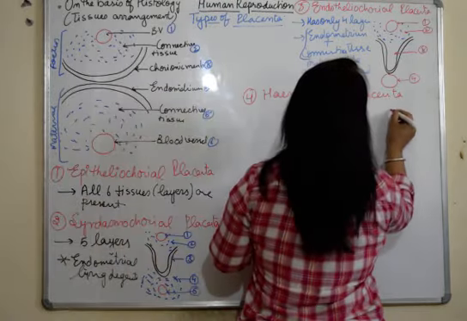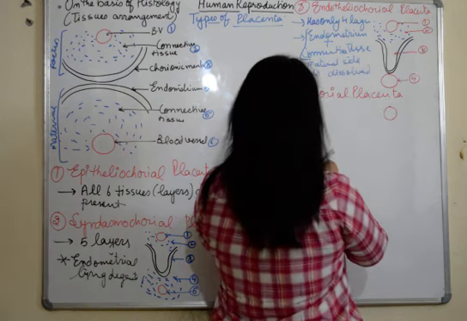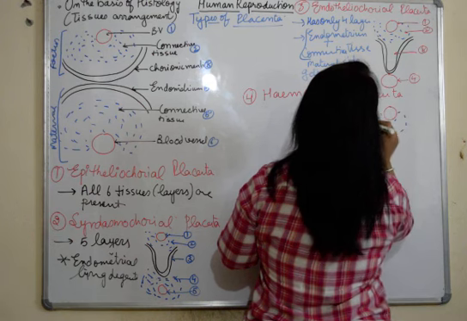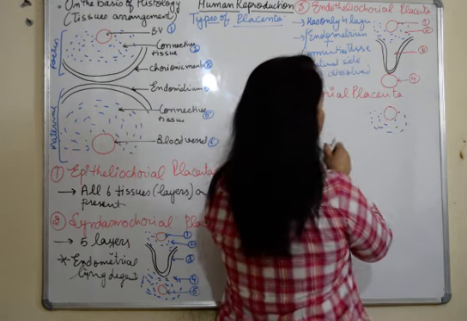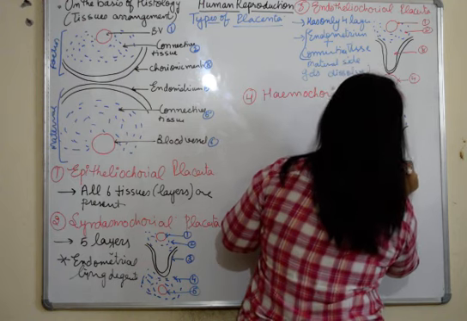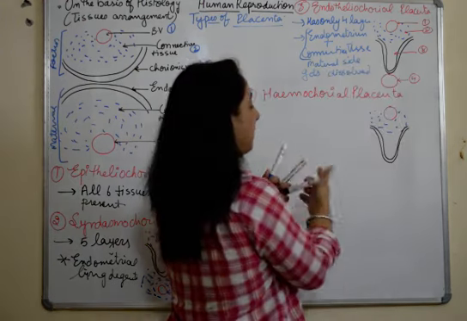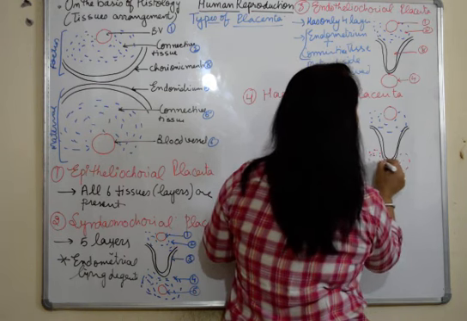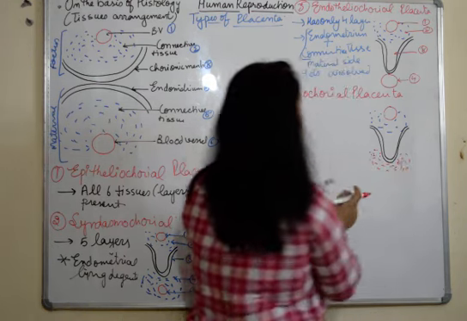We'll make the layers again: the fetal blood vessel, the connective tissue, then we have the villi. Now this villi is embedded in the maternal blood here, because the blood vessel has ruptured.